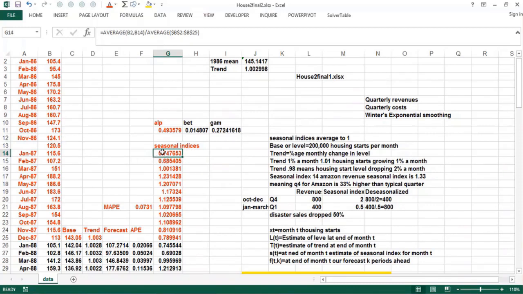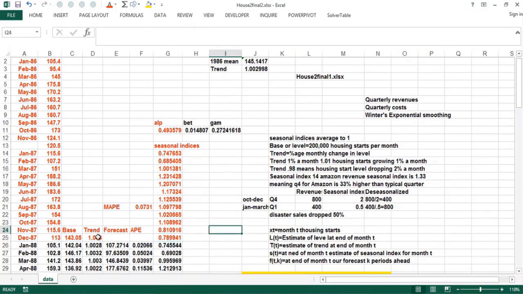So January is not many housing starts, because back then I don't think they knew how to dig when it was frozen out. Now they can do that pretty well. So we get a seasonal index of 75% for January. Just copy that down, with dollar signs on rows 2 through 25, and that will estimate the seasonalities to get us going.